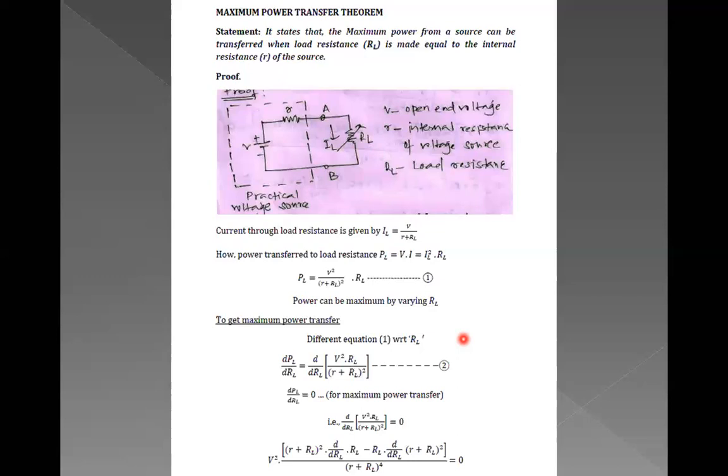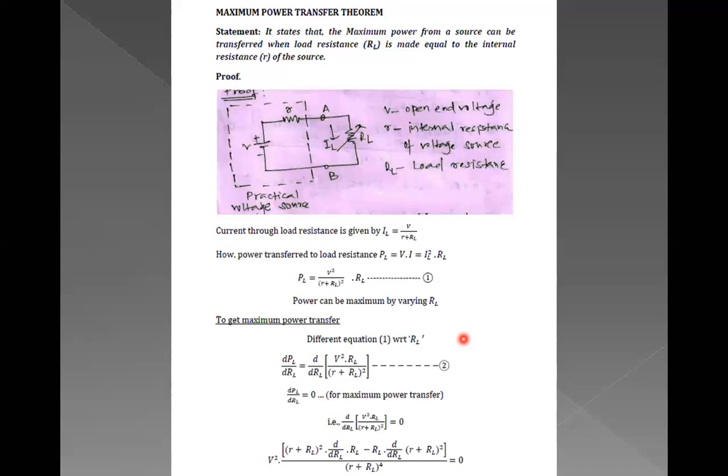So after doing all the mathematical steps, I'll just summarize this. We'll get (small r plus capital RL) into (small r minus capital RL) is equal to 0. Or from here we can say that R square is equal to RL square, or RL is equal to R. It means the load resistance is equal to the internal resistance of the voltage source. So this is the condition of maximum power transfer.